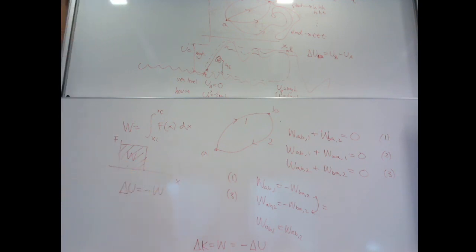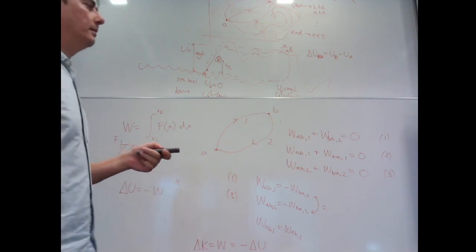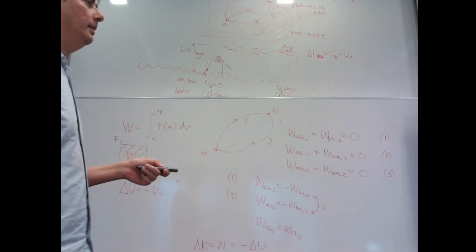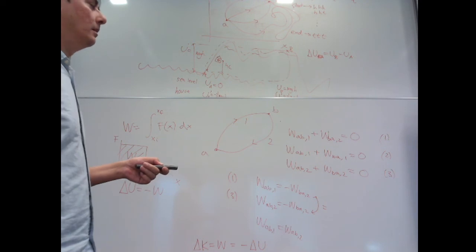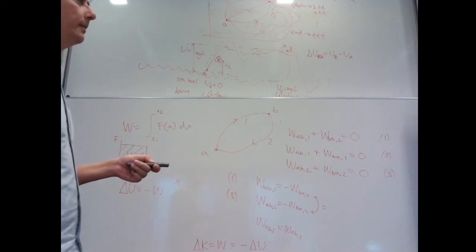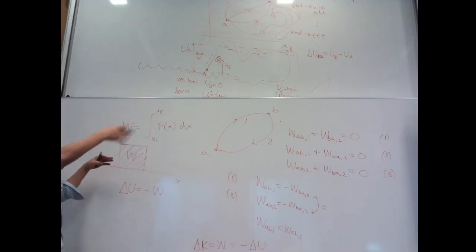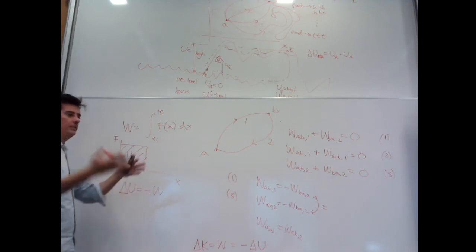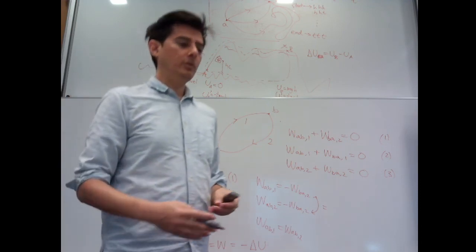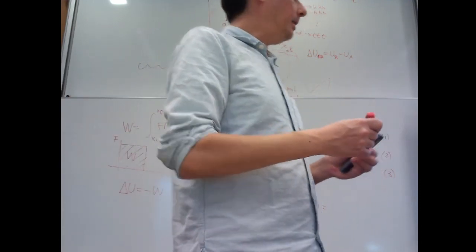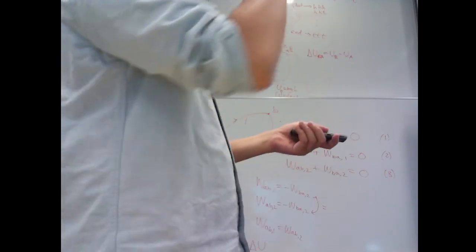And so this one would be the least in fact, because the work itself is the largest, most positive, but because of the minus sign, it will be kind of most negative. So in order, it will be 3, 1, and 2.